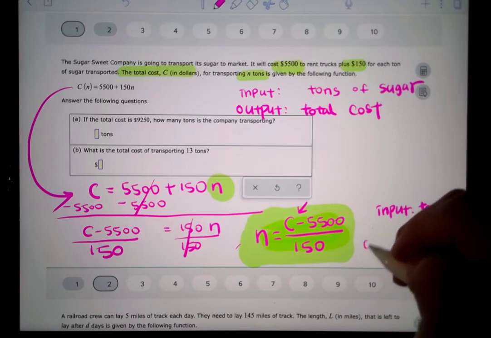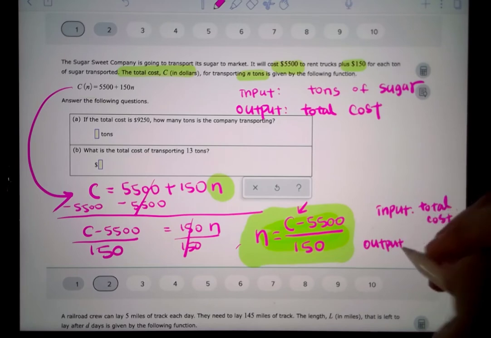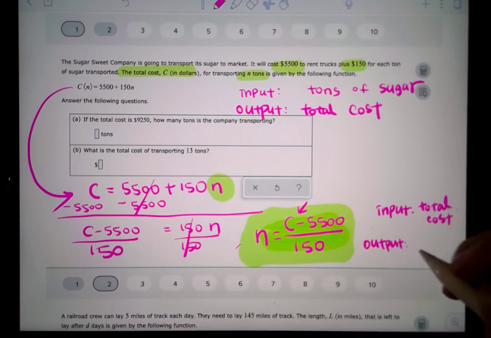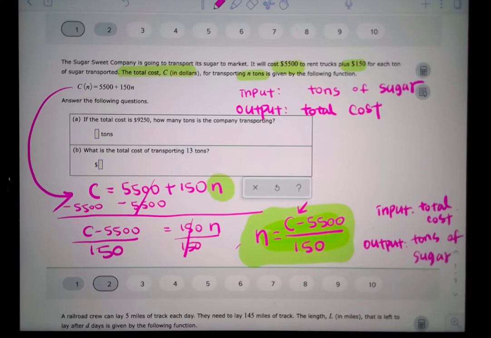And my output will be N, which is your number of tons. So tons of sugar. So this is our basic setup.